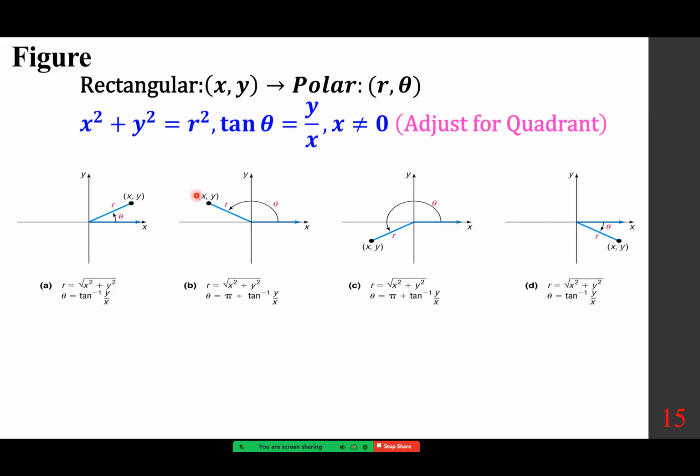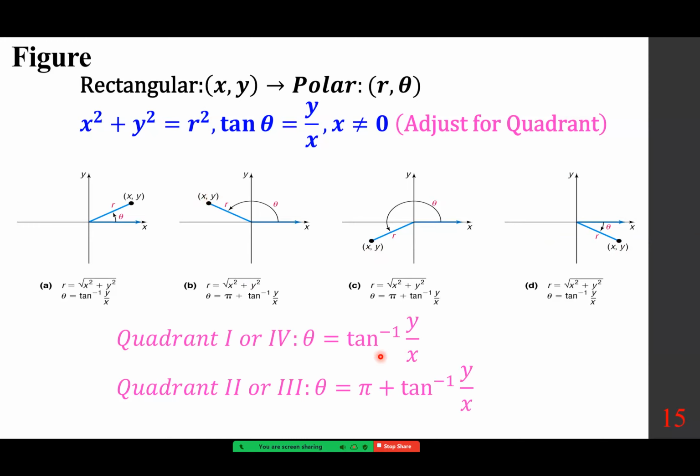This one, very clear because it's negative. Negative gives you this, and then you add a pi. That's as far as how you adjust it. So for quadrant 1 or 4, theta is the same as tan inverse of y over x. But for the other two, you must add a pi to adjust for it.